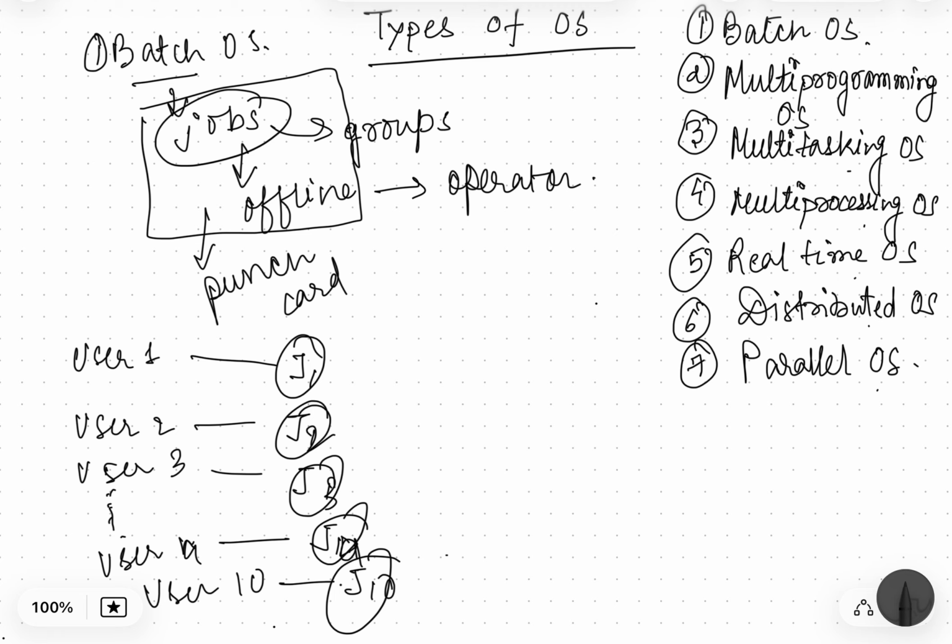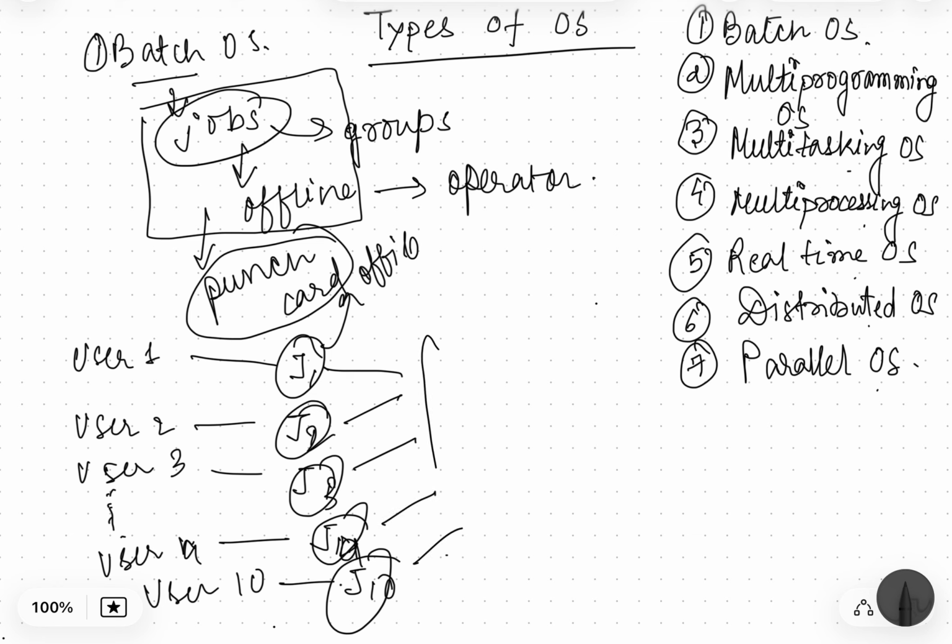These jobs are created offline with the help of this punch card. Now these jobs are given to whom? All these jobs are given to an operator. Now what does this operator do?